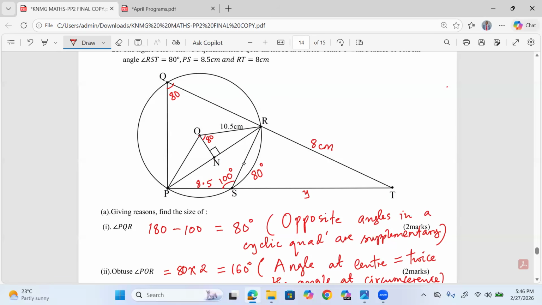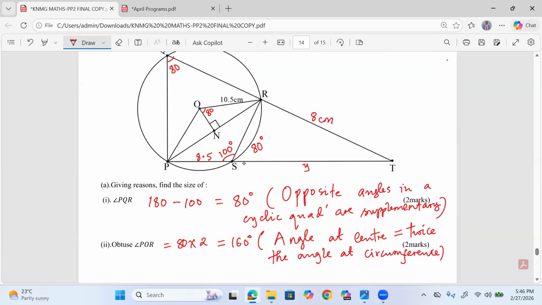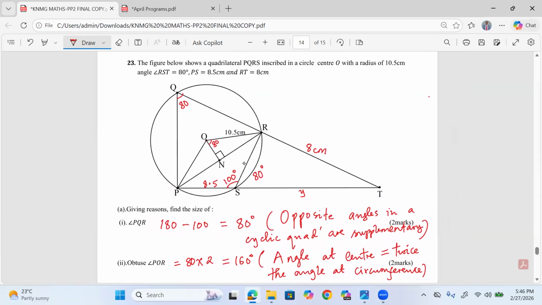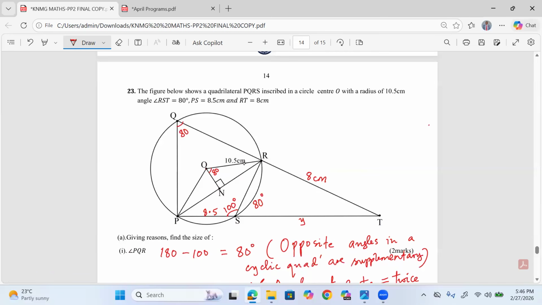For us to find the length PR, there are already lengths that we have. We already have 10.5 and 8 there. This is 10. This is also 10.